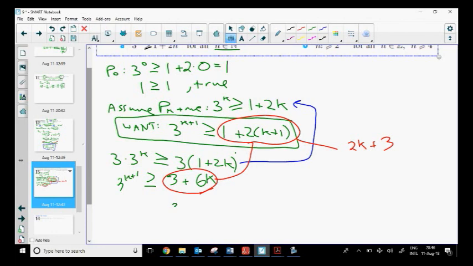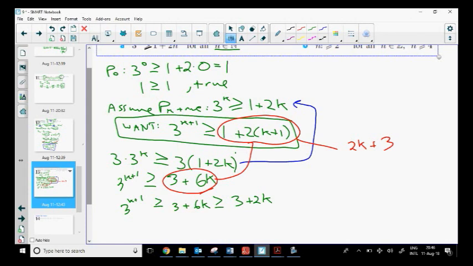Isn't 3 plus 6k greater than or equal to 3 plus 2k? Doesn't that have to be true, because k is a positive integer? So obviously 6 times k has to be bigger than 2 times k. Yeah, it is true. So look at that. It's done already.